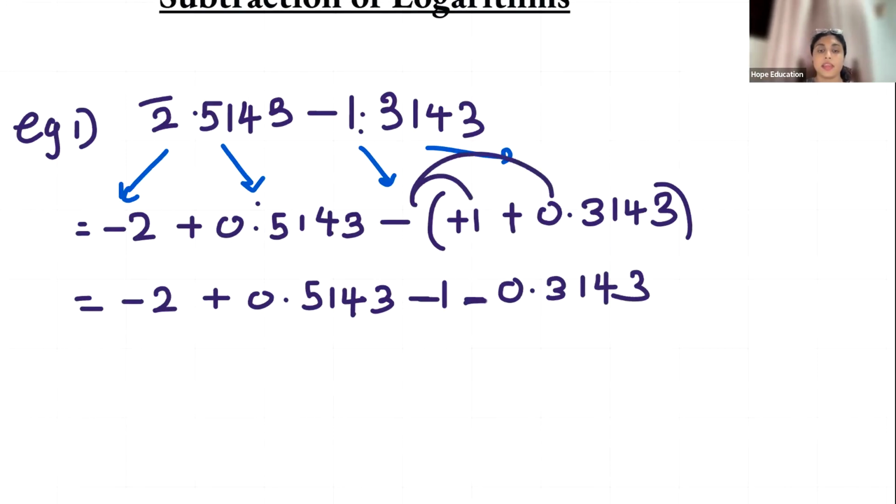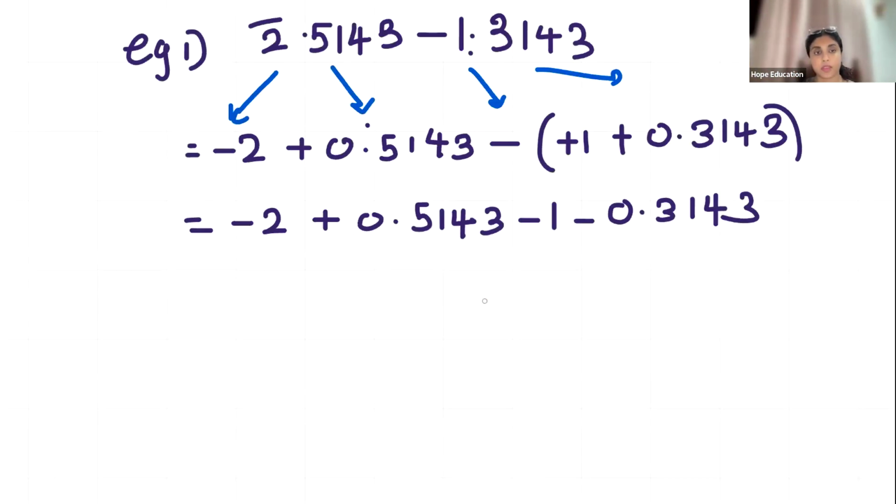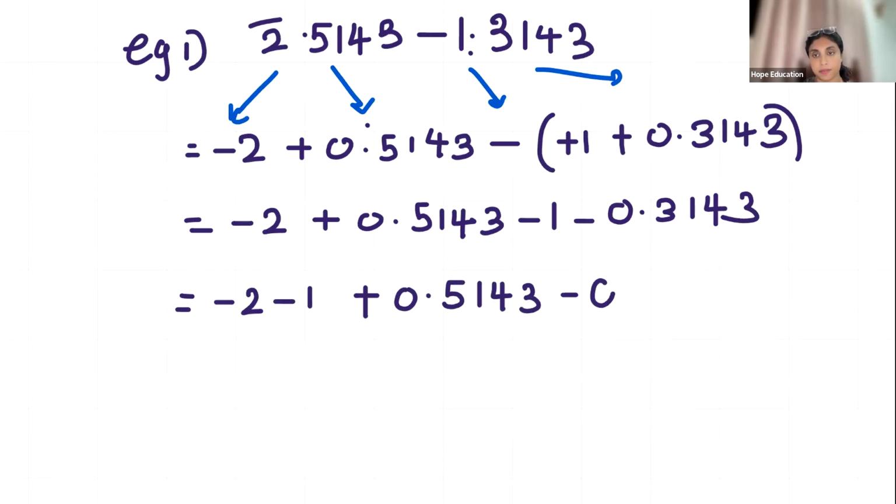Okay. Now I write the characteristics together and mantissa together. Here the characteristic is -2, and here the characteristic is now -1. Plus 0.5143 minus 0.3143. Up to this point, is it clear, Lamai?